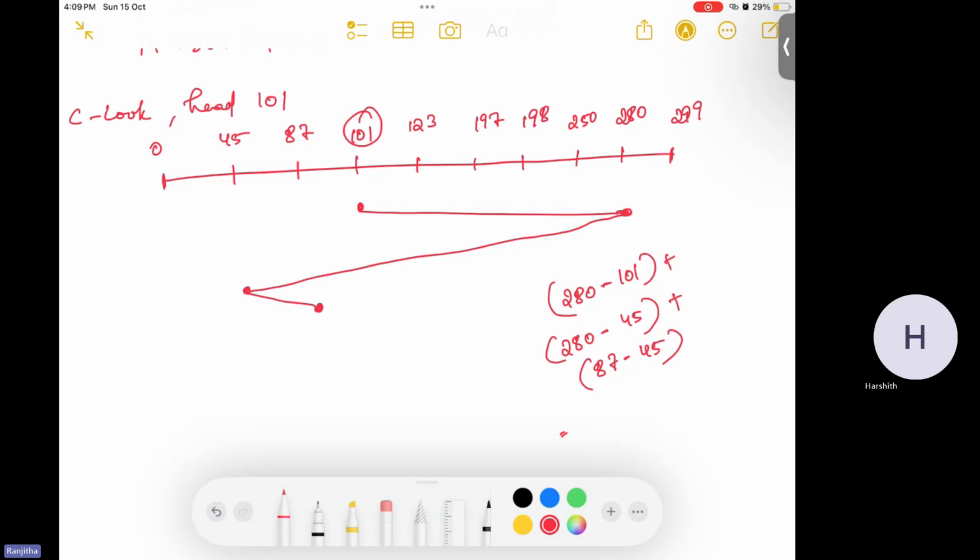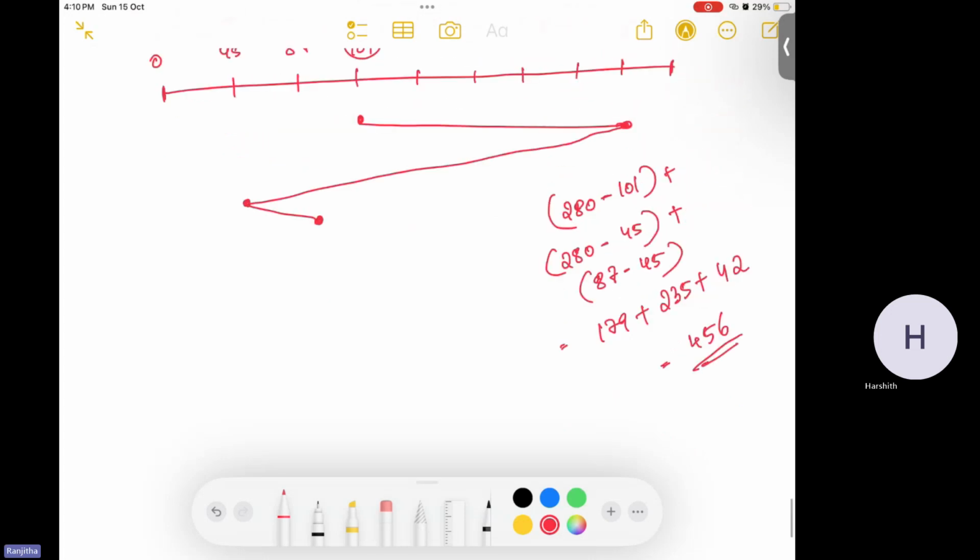That is 179 plus 235 plus 42, which is 456.